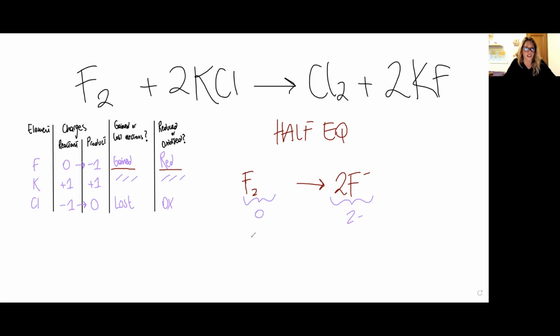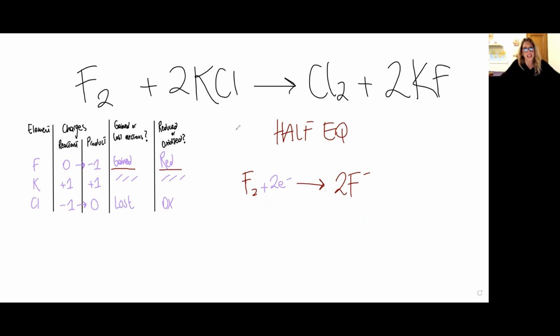It doesn't have a charge, but we want to balance them out overall. So what we can do is add electrons on the opposite side. By doing that, this also becomes -2, balancing out the charges. So the half equation can be done by balancing charges or just carefully thinking about the movement of electrons.